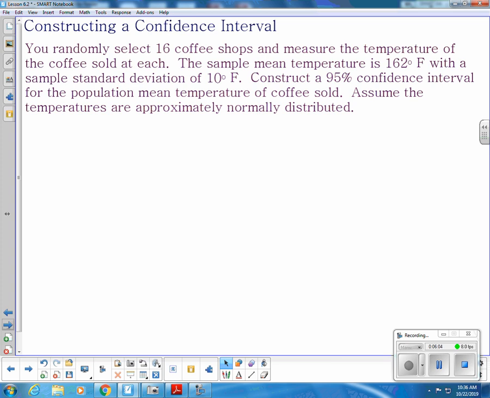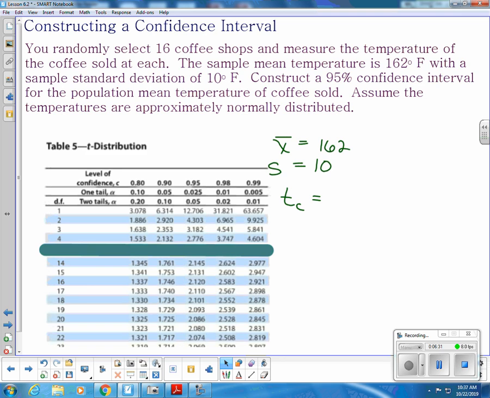All right, let's go. So get your t chart. What is our t sub c? Let's write down what we already said. So we are looking at that chart, and what's our degrees of freedom? 15, over to 95.